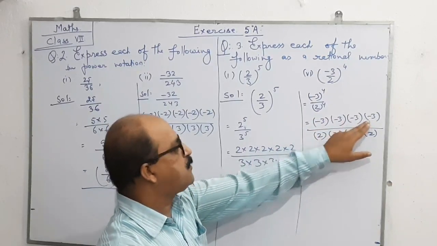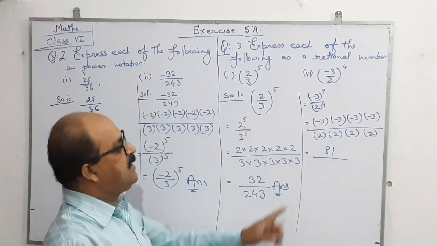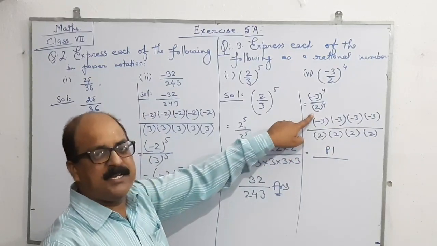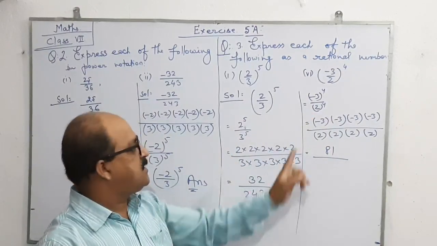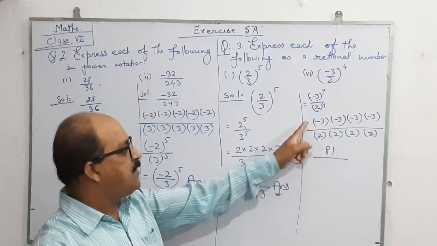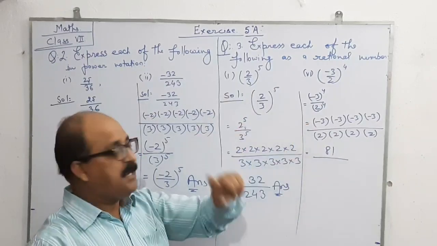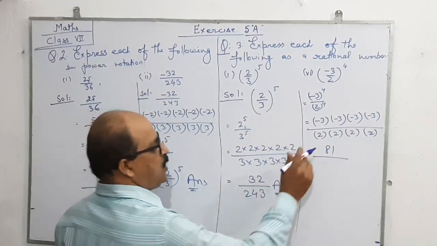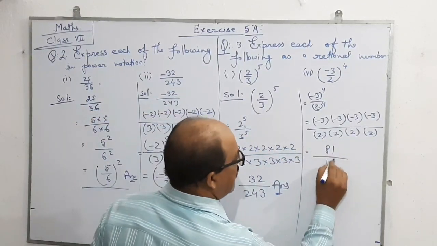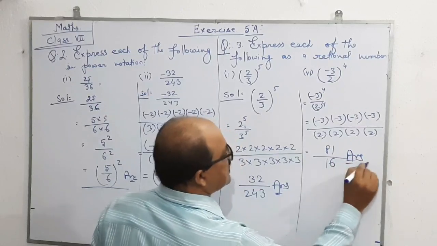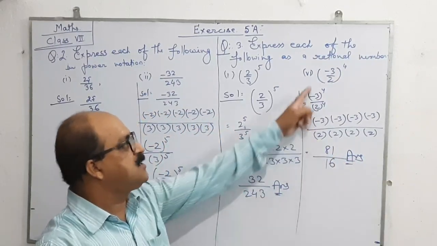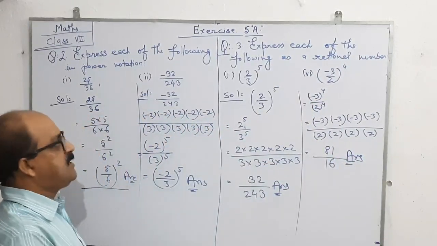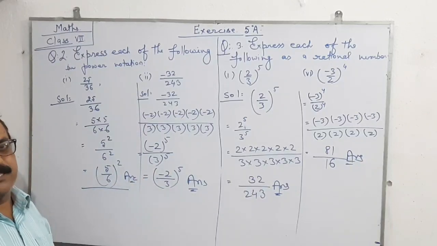As we know, if negative integers will be multiplied even times, the answer will be positive. And when the negative integer will be multiplied odd times, the answer will be negative. 2 2 ja 4, 4 ja 16, and 81 by 16 is the rational number of this question. Thus, both questions have completed.